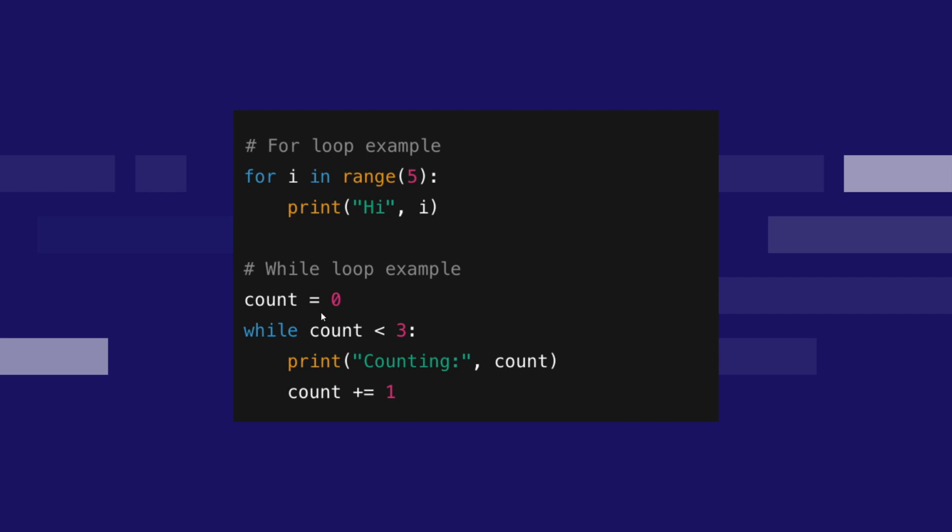And now the while loop: count equals 0, while count is less than 3, print counting, count. And then you basically just add 1 every single time until it reaches 3. You can also do while 1 equals 1, and then it would basically infinitely loop.